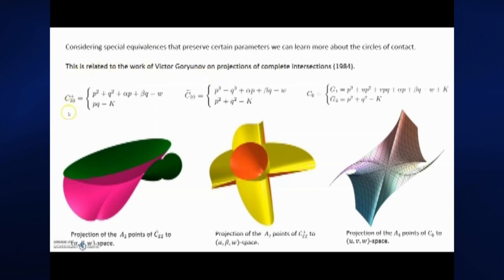So if we take some of Viktor's standard singularity types and look at some versal unfoldings, and then project these to various parameter spaces, we get surfaces which are clearly related to circles of contact. And this is an ongoing area of research. So this singularity relates to when the surface is at a hyperbolic point, this one when the surface is elliptic, and this one, for example, when at an umbilic point on the surface.